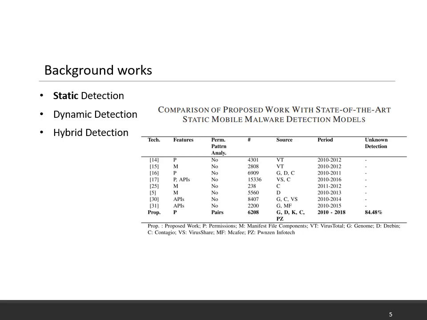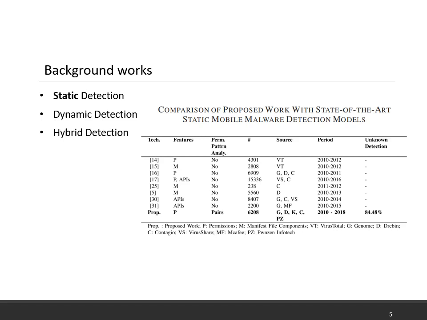Here you can see a table which shows some features that these methods use, for example, the permissions, manifest file components, VirusTotal, or Genome. You can see the sources of these malwares, the applications we use.